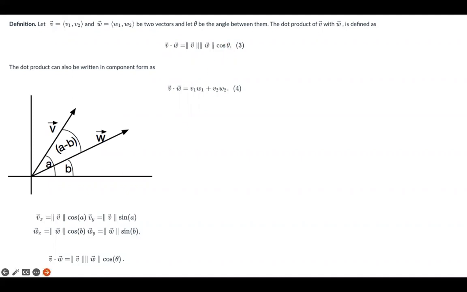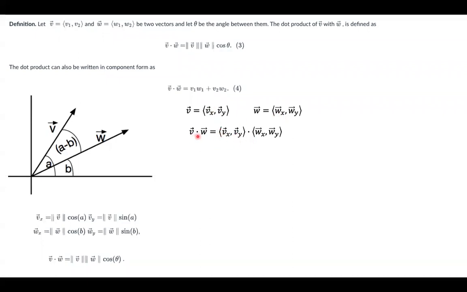To begin, I just want to remind us that the vector v is composed of components v sub x and v sub y, and vector w is composed of w sub x and w sub y. Now let's put that into component form.